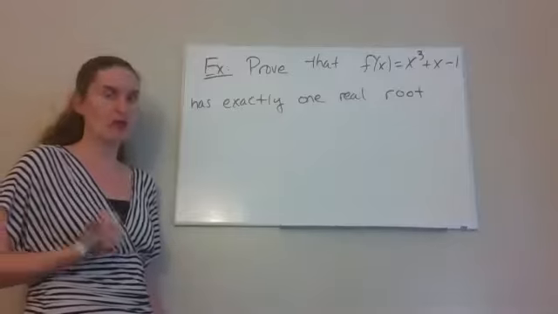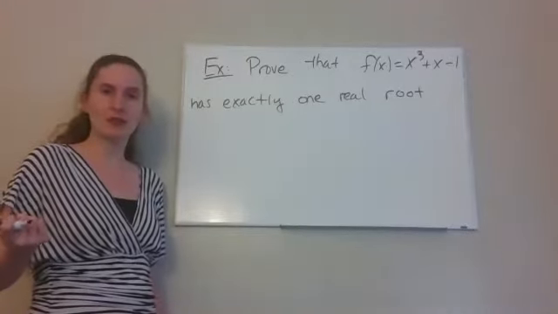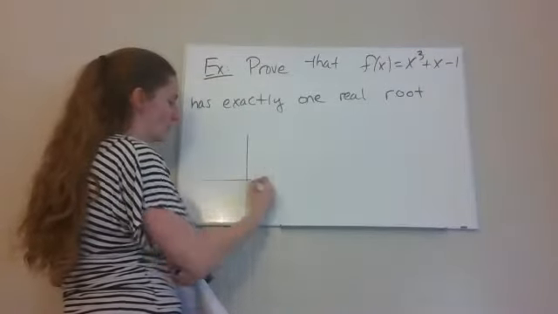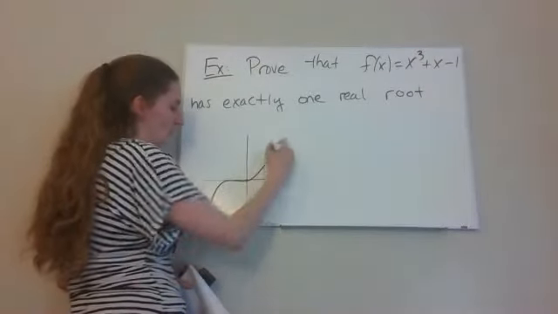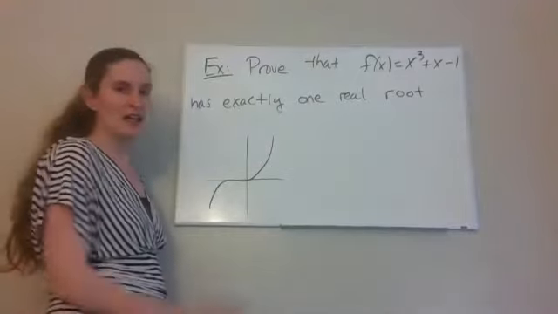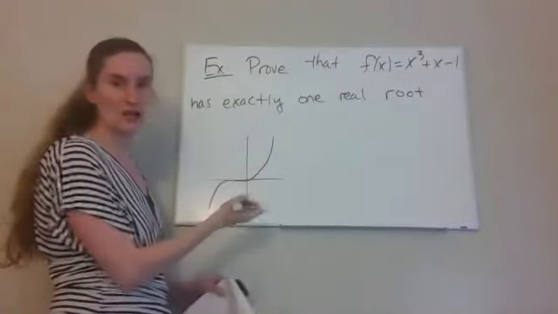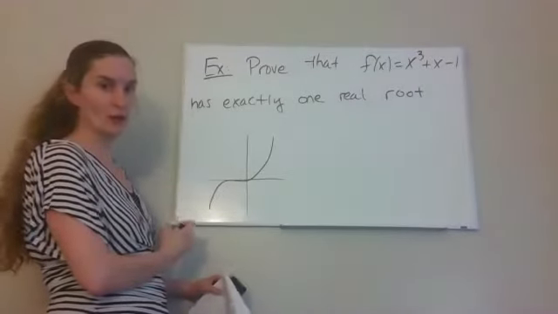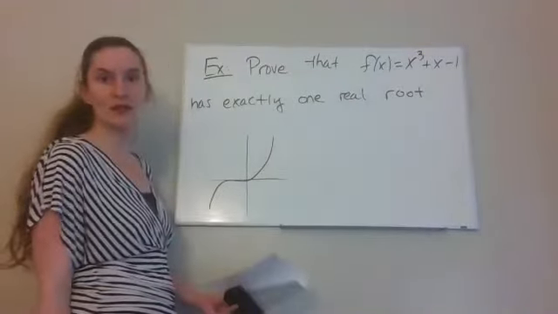Think about what the graph of this function would look like. All of our cubic polynomials have the same general shape. Something like that. It could be bumpier, it could be stretched out more, but the important thing is it's going down to infinity forever on one side and up to infinity forever on the other side.